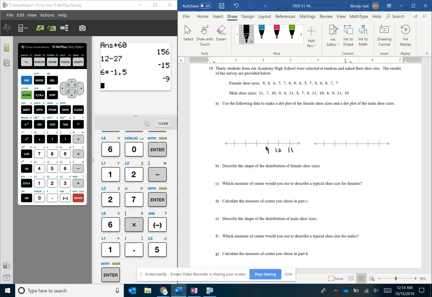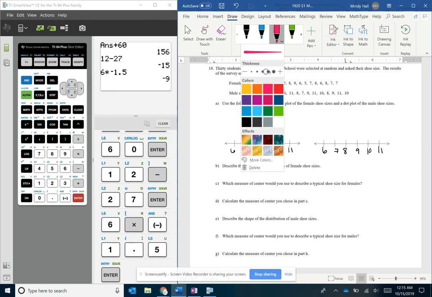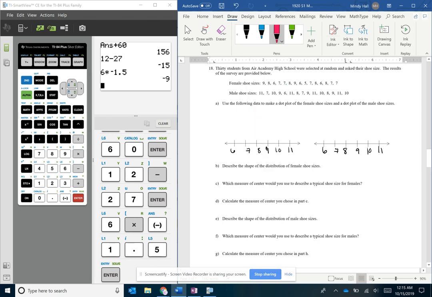11, 10, 9, 8, 7, 6. That way it'll be easier to compare them if we need to. So for females, let me make my pen a little bit bigger, but we have a 9, 8, 6, 7, 7, 8, 9, 6.